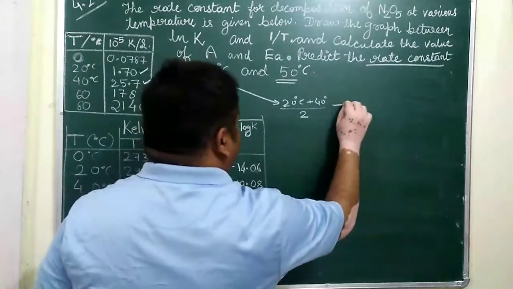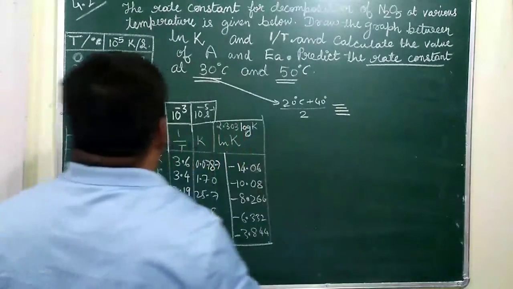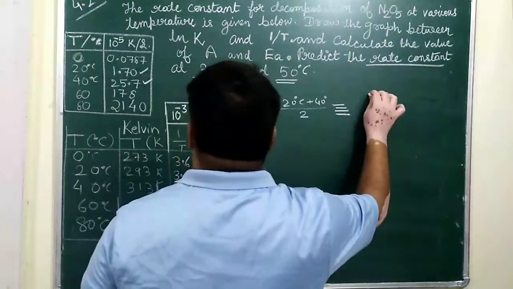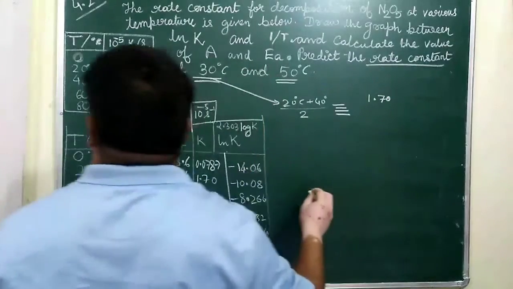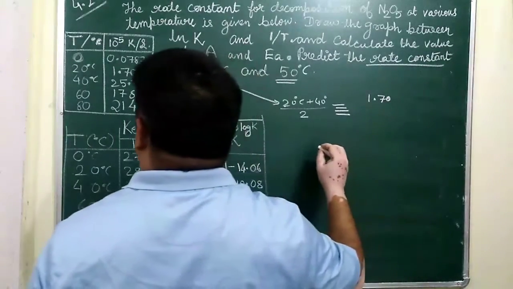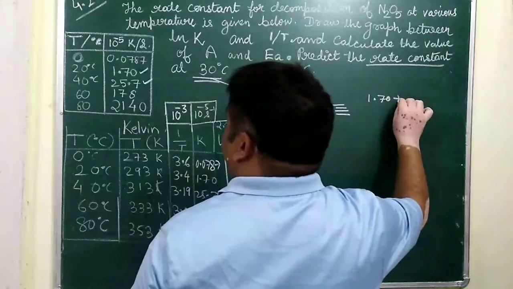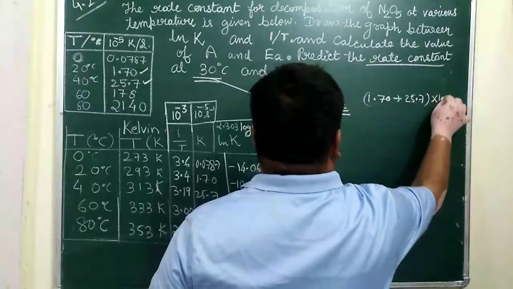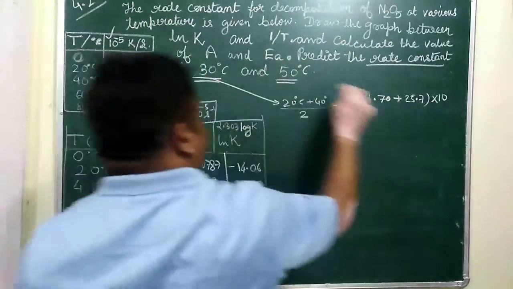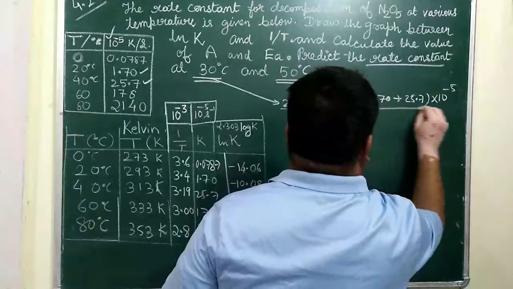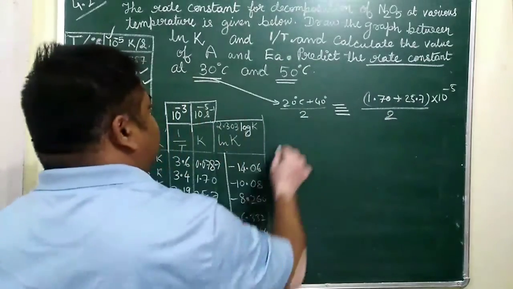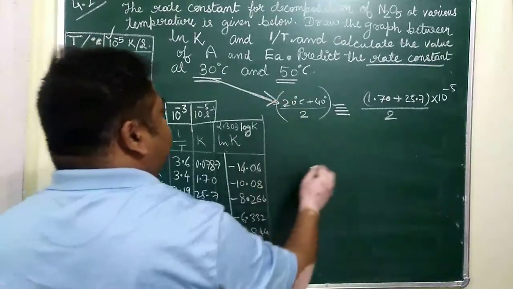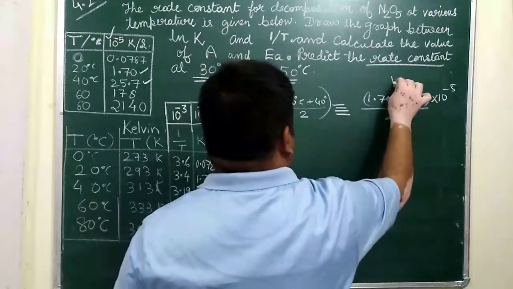Corresponding to this value, the average of this, that means 1.70 plus 25.7, multiplied by 10 to the power minus 5, divided by 2. If this is the central value of the temperature 30 degrees C, then corresponding to that the value of k will come out from here.